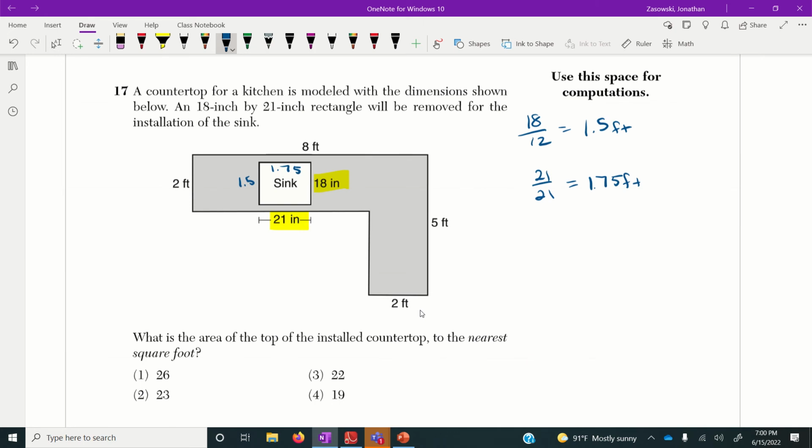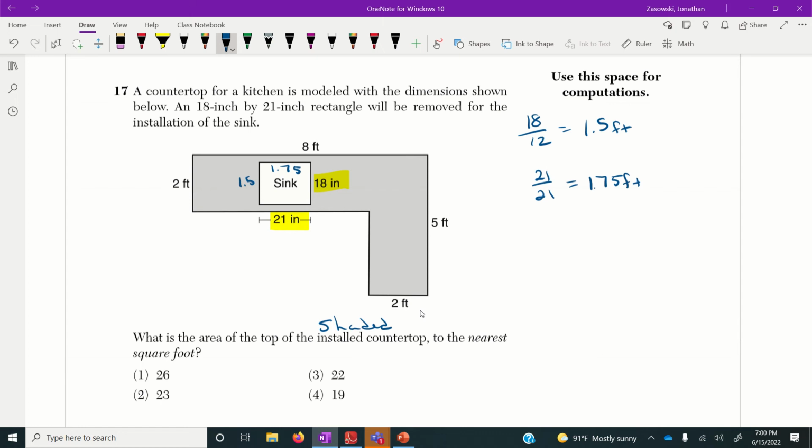All right, this section is going to be removed for the installation of the sink. What is the area of the top of the installed countertop? Now, we're removing this. So remember, we're finding the area essentially of the shaded region here. So we need to find the area of this whole thing and then take away that piece.